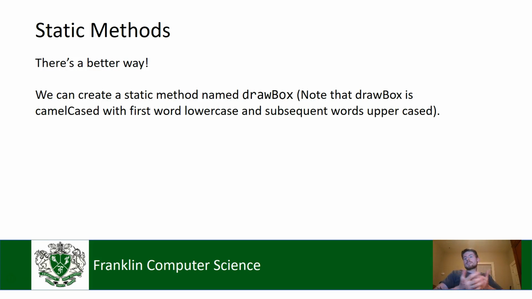We're going to name this drawBox, because we have the choice of what to name it, and that seems like a pretty suitable name. We're just going to draw a box. One thing to note is that it's camel cased with a lowercase to begin with, different from how we've named our classes. Remember, our classes have been camel cased with the first letter capitalized. So classes are unique, only those get the capitalization on the front.